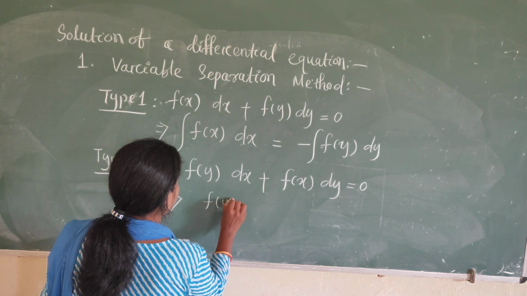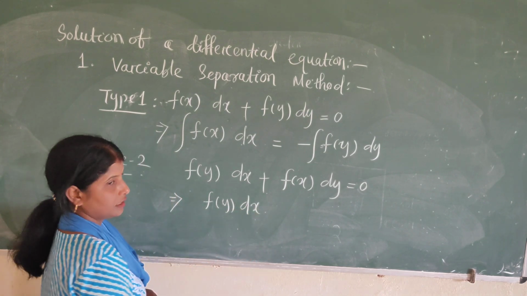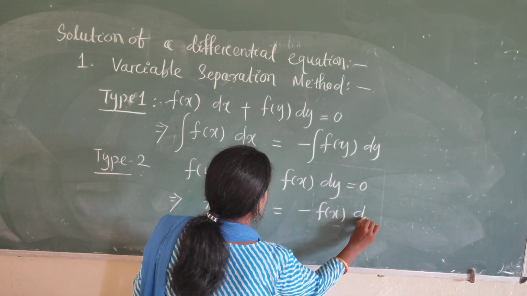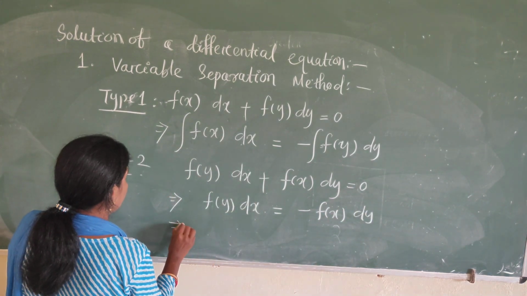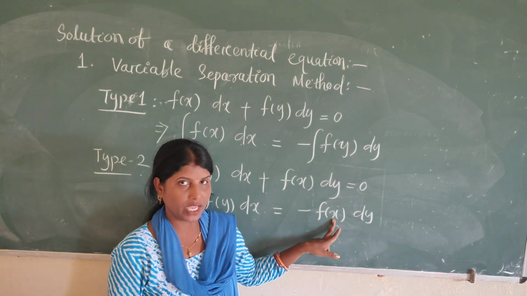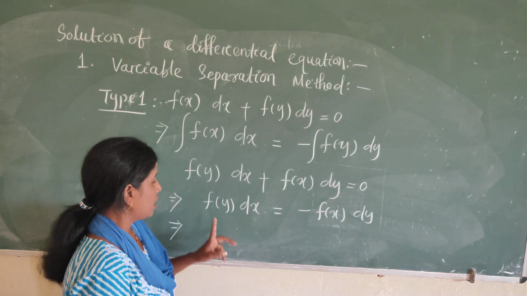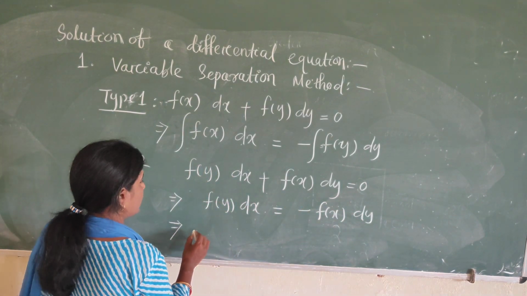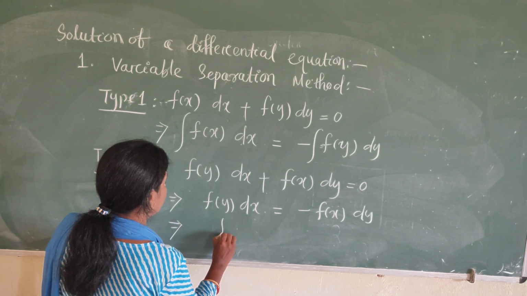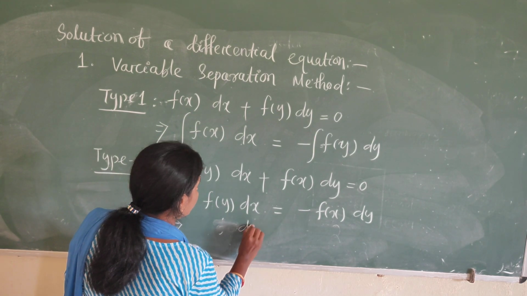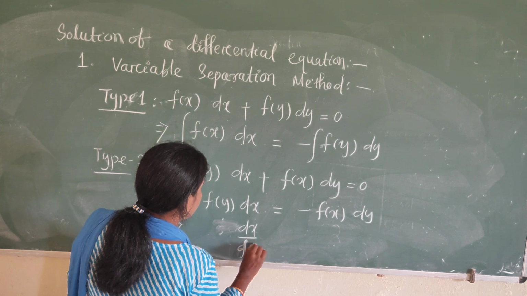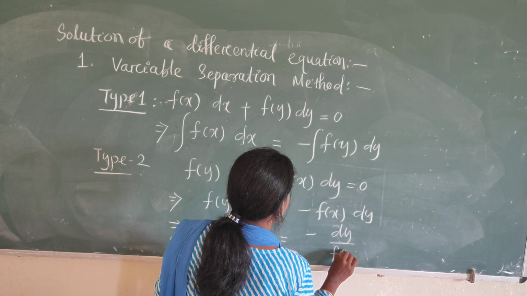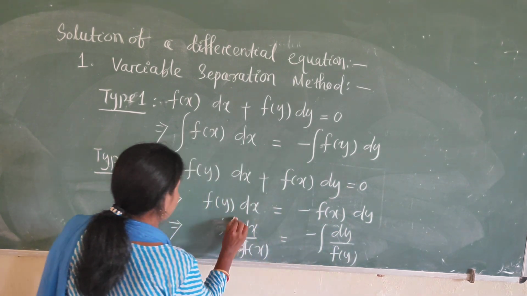How? First f of y dx, let it take another side, minus f of x dy. Then we have to take f of x on your dx and f of y to the right side dy, because always we have to integrate f of x with respect to dx and f of y with respect to dy.